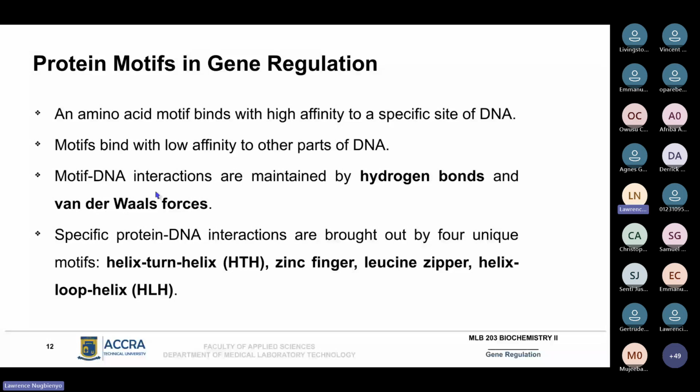Now, these motifs have been grouped into different categories. We have what we refer to as helix-turn-helix motifs, the zinc finger, the leucine zipper, and the helix-loop-helix motifs. And really, it's not anything complex about them.